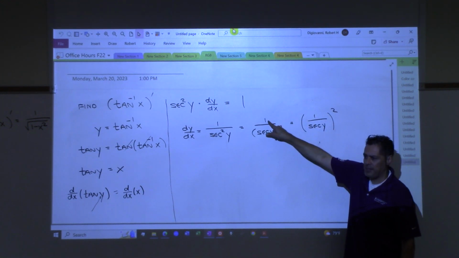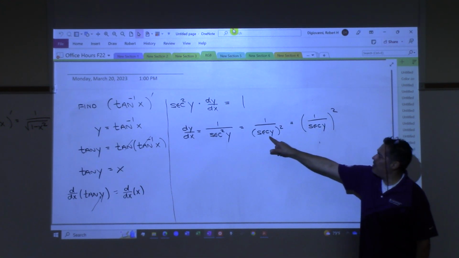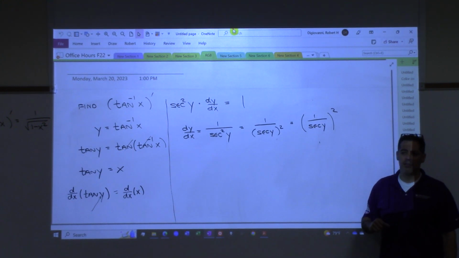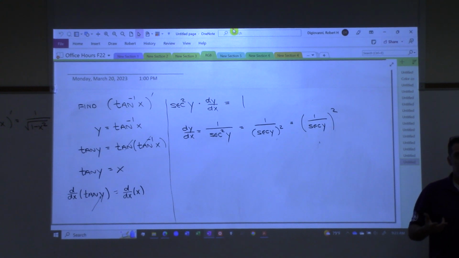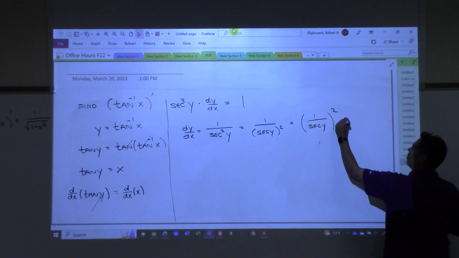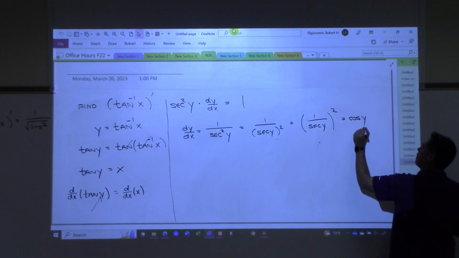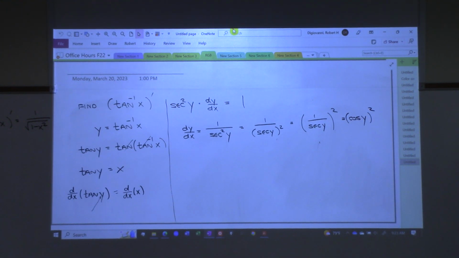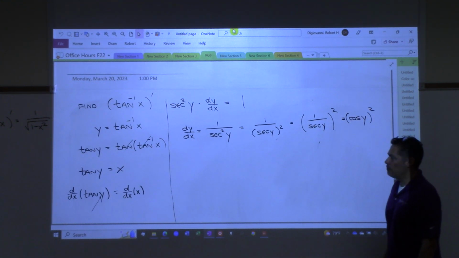I get 1, so that's that. And if I square this, I get that, right? So this is the same expression. But what is 1 over secant? What's the reciprocal? What's 1 over secant? Cosine. So this is just cosine y, squared. All right, that's what that is. Y'all with me?